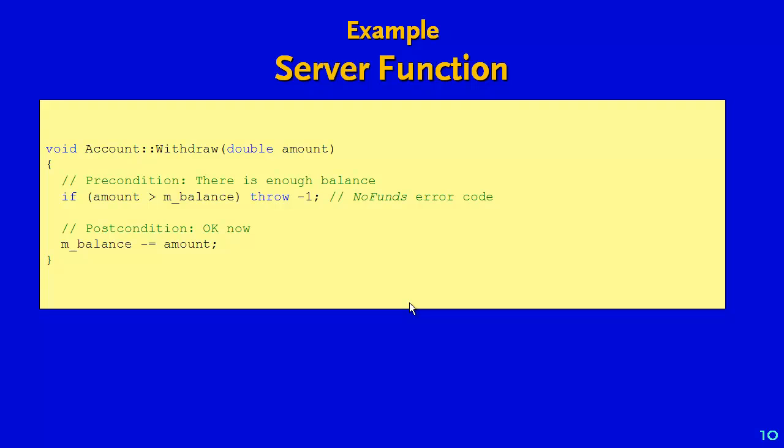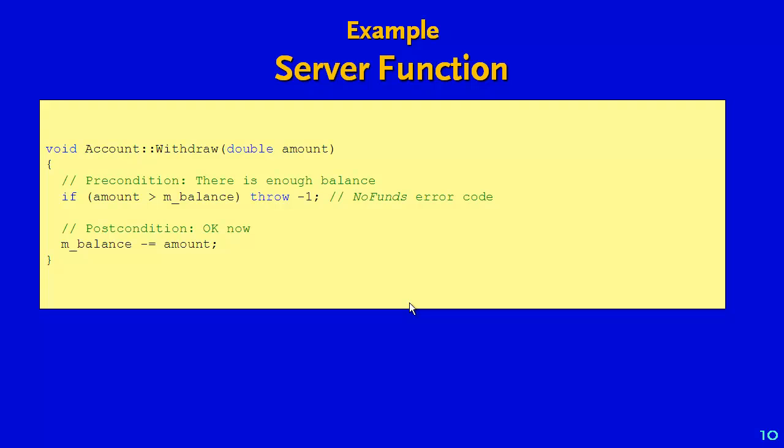I throw -1, so no funds error code. And at the end, I decrement my balance by the amount. So if the amount is less than or equal to the balance, you can withdraw the amount. So that's the server function.